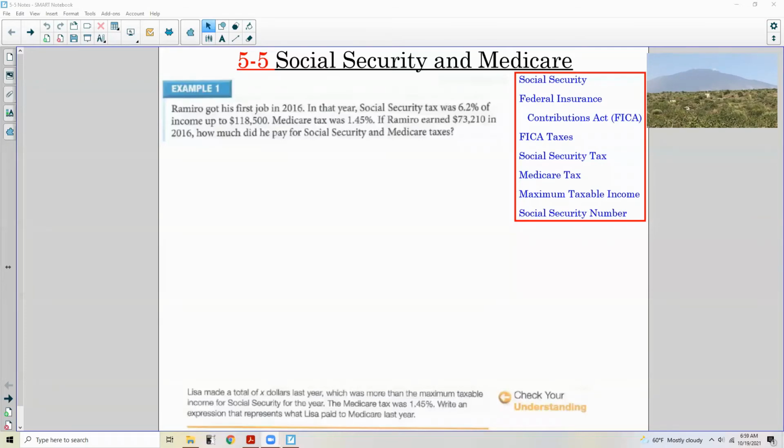All right, Chapter 5.5 is Social Security and Medicare. So what is Social Security? Well, it's a tax. FDR established it in 1935. It was designed to take care of people and their families.